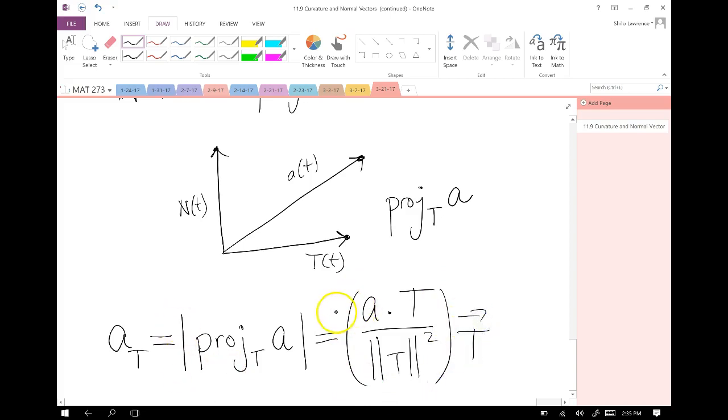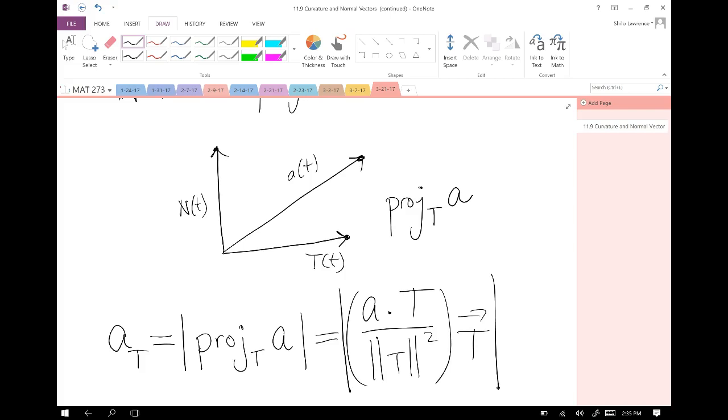And just a second ago, I said we only want this guy's magnitude. A sub T is a scalar. So we only want the magnitude of that projection. So technically, I'm going to simplify this just a tiny bit.